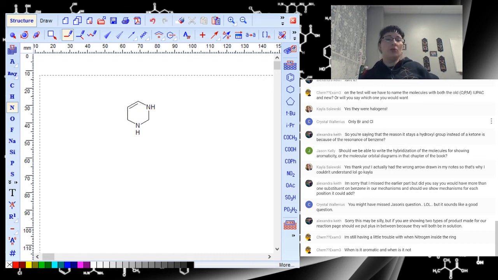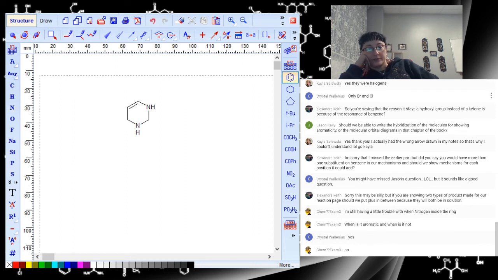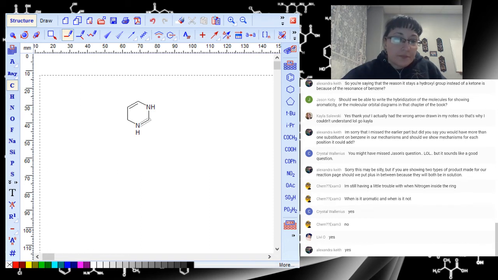Is that molecule aromatic? Yes or no? No. So it's not aromatic because if you look here, there's 2 hydrogens there, right?